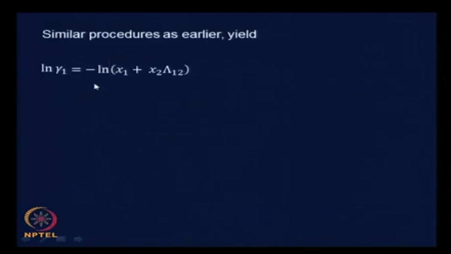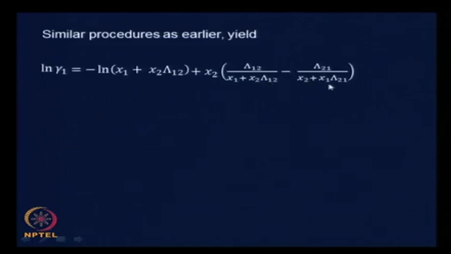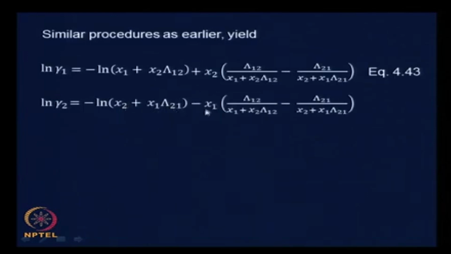Ln gamma 1 equals minus ln of x1 plus x2 gamma 12 plus x2 times gamma 12 divided by x1 plus x2 times gamma 12 minus gamma 21 divided by x2 plus x1 times gamma 21, and ln gamma 2 equals minus ln of x2 plus x1 times gamma 21 minus x1 times gamma 12 divided by x1 plus x2 times gamma 12 minus gamma 21 divided by x2 plus x1 times gamma 21.